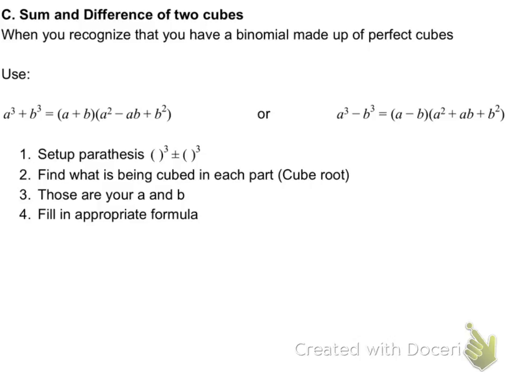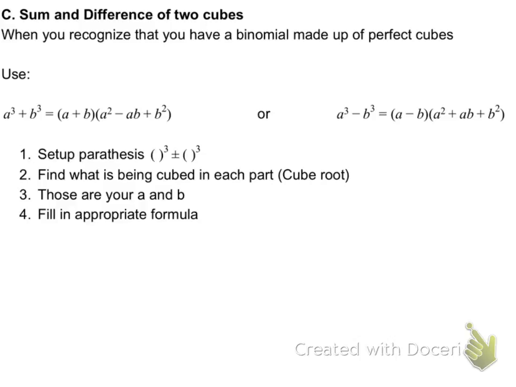Okay, so I got 4 steps to make this work, and these are the same 4 steps if it was a difference of squares. So in step 1, it wouldn't have a parentheses with a cube on it. It would have a parentheses with a square on it instead. But I'm using the same idea that we just used twice in our notes already: you set up the parentheses with something cubed, plus or minus, according to what the problem is, something cubed.